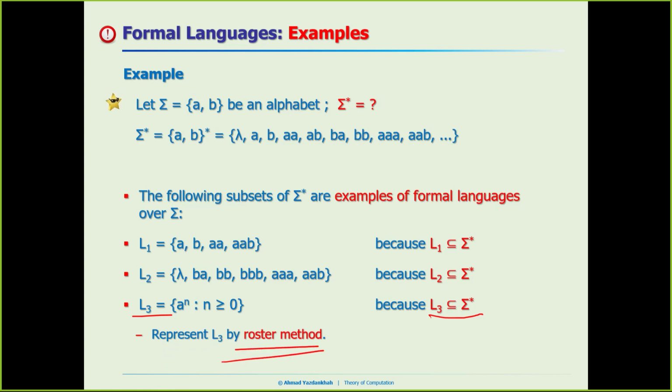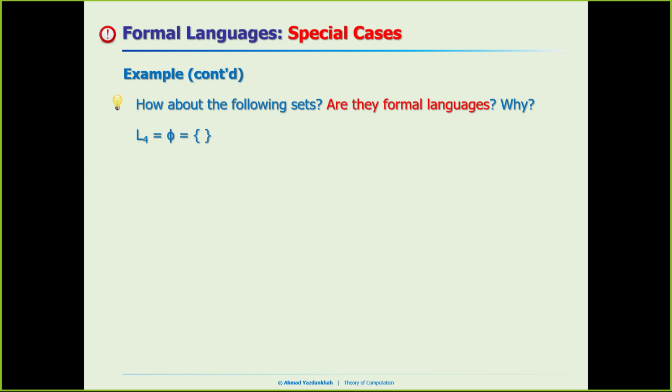Now the interesting thing is some special cases. How about this one? Is L4 a formal language? Phi is an empty set, right? An empty set is a subset of all sets. Based on the definition of the formal language, we said all subsets of sigma star are formal languages.